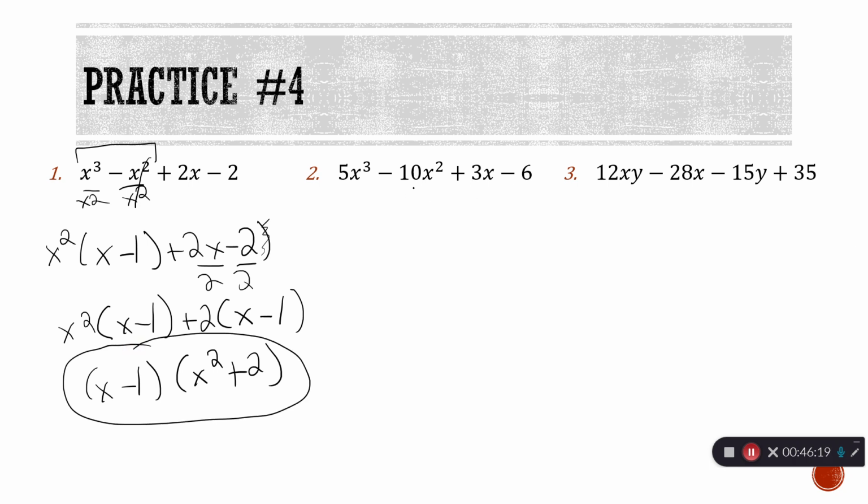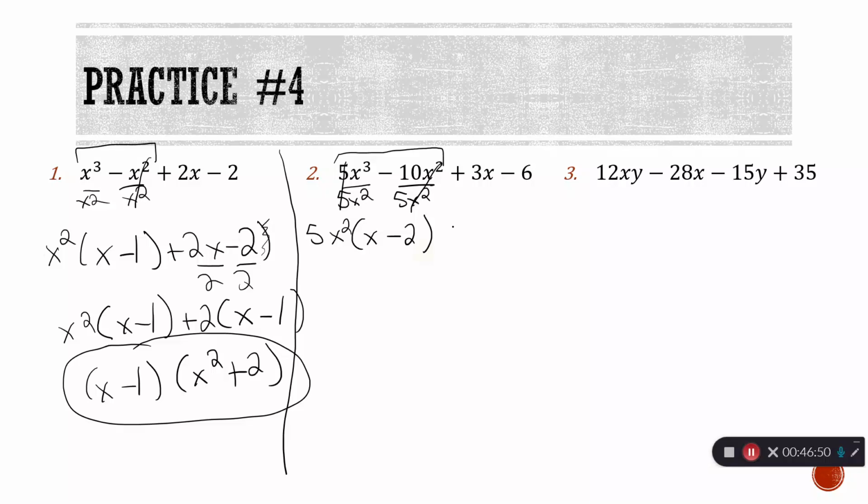Okay. Over here, 5x to the third and minus 10x to the second. I pull out a 5 from each and x squared from each. Draw a line there so we don't get confused. 5x squared. So the 5's cancel. I'm left with the x. Minus 10 divided by 5 is 2, and the x's cancel.